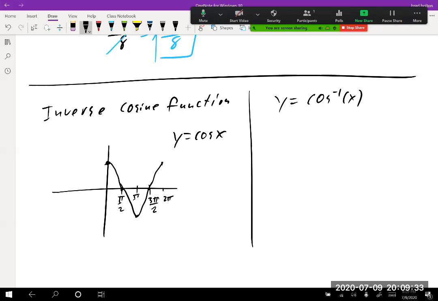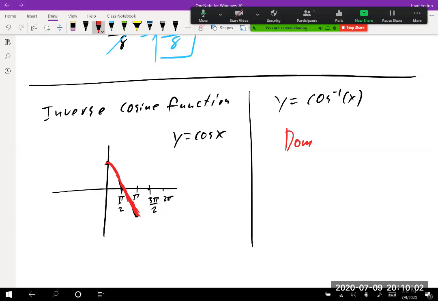So what we're going to do is erase this graph from here, and we're only going to be concerned with this part of the graph, okay? So it's that part. So that means that we now have our inverse, and you could graph it on your calculator.